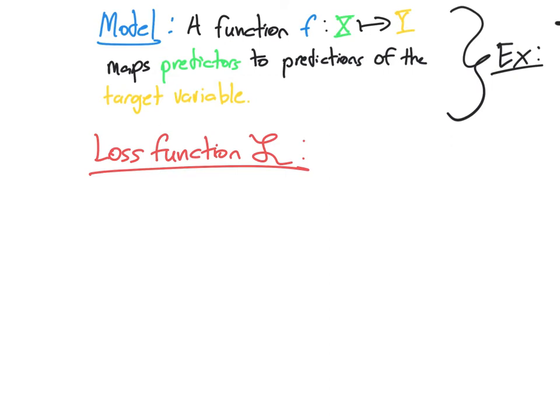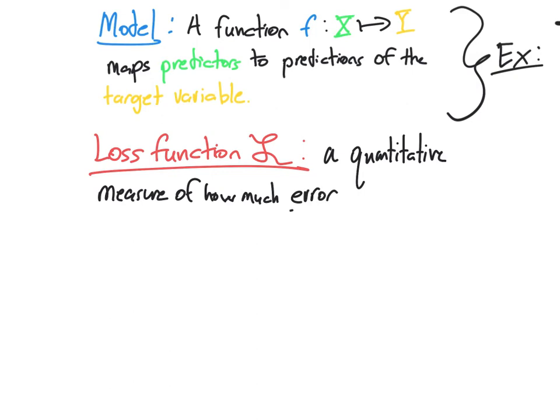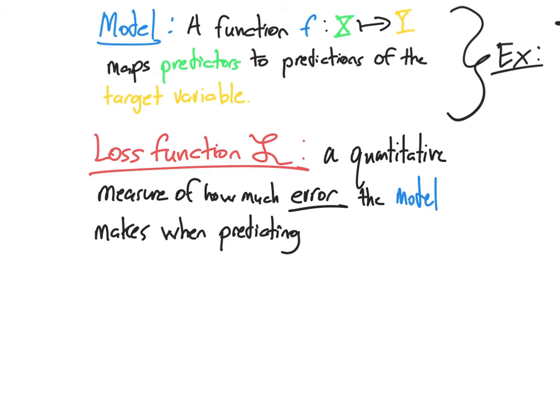So this is the loss function L. And the loss function L is a quantitative measure of how much error the model makes when we predict the target variable using the predictor variable.